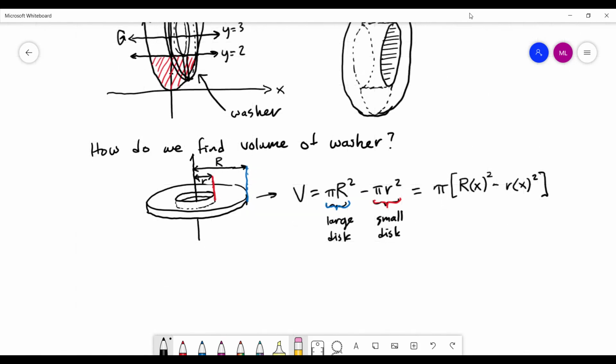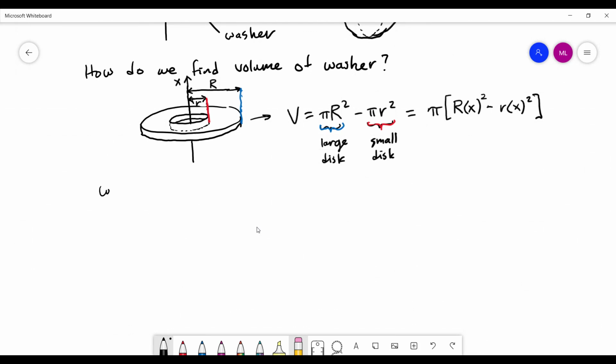That would assume, again, I've kind of changed the orientation. Let's pretend that this was the x-axis that we were talking about. Where these r's are just the distance from whatever capital R and lowercase r are the distance, not from the x or y axis necessarily, but instead from the actual axis of rotation.